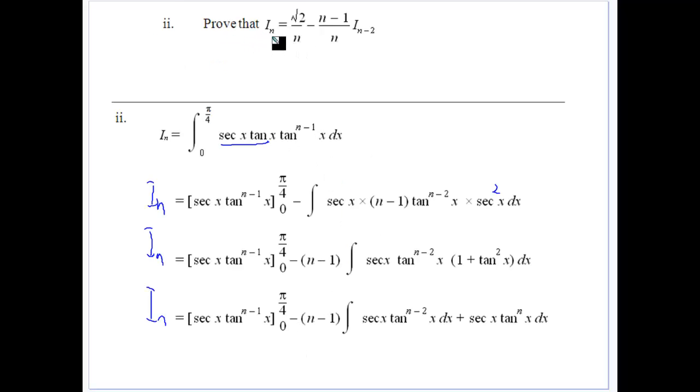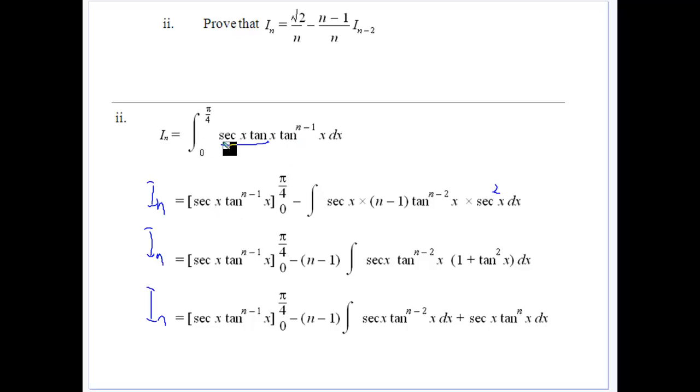We want to prove that I n can be root 2 on n minus (n minus 1) on n times I of n minus 2. Well, let's start manipulating. So we break the function down to sec x tan x and tan to the n minus 1 of x. We've decomposed it this way because if we integrate sec x tan x, that will give us sec x.